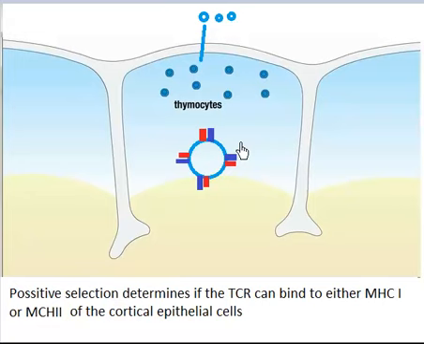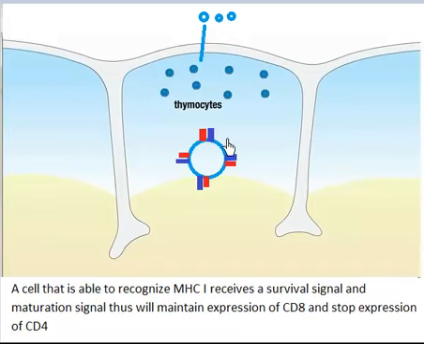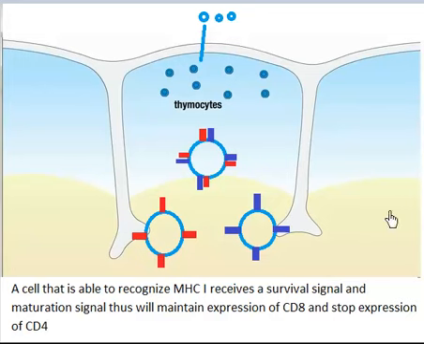So positive selection will determine, in a simplified way, whether this thymocyte could bind to either MHC class 1 or MHC class 2. At this point, if the cell recognizes MHC class 1 protein, then it will receive survival signal and maturation signal, and this cell will express only CD8 and stop expression of CD4.